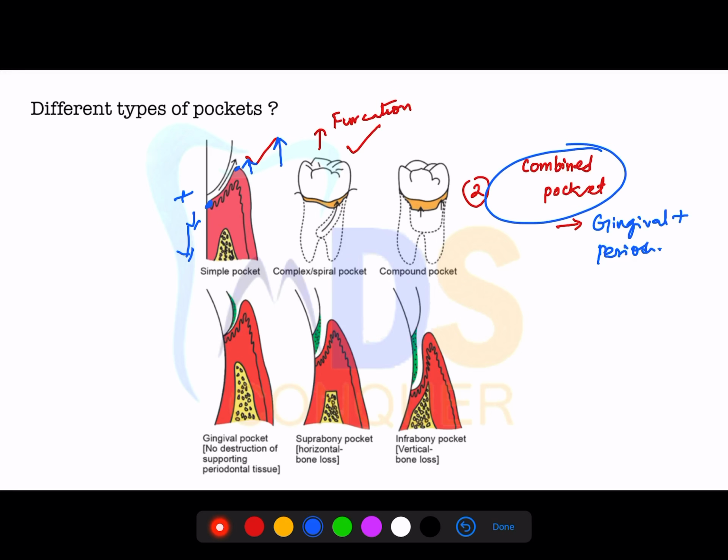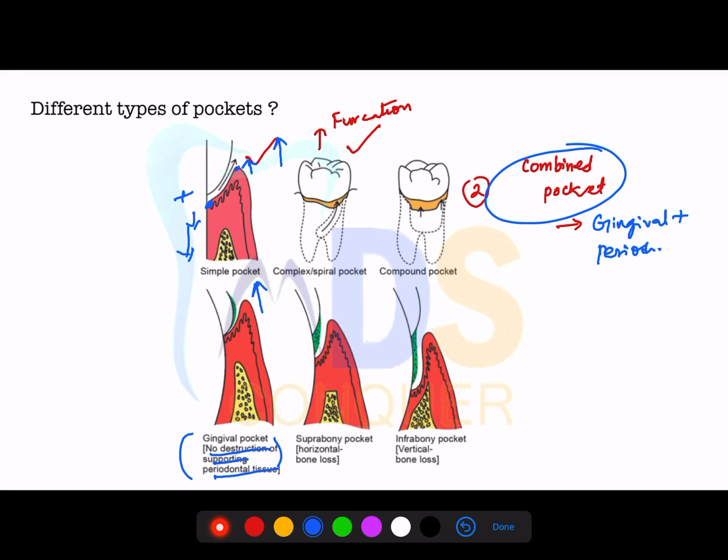The next is, as already discussed, the gingival pocket, which doesn't have any destruction in the periodontal tissue and is basically due to the growth of gingival tissue. Next is the supra bony pocket, where you can see the bony loss.